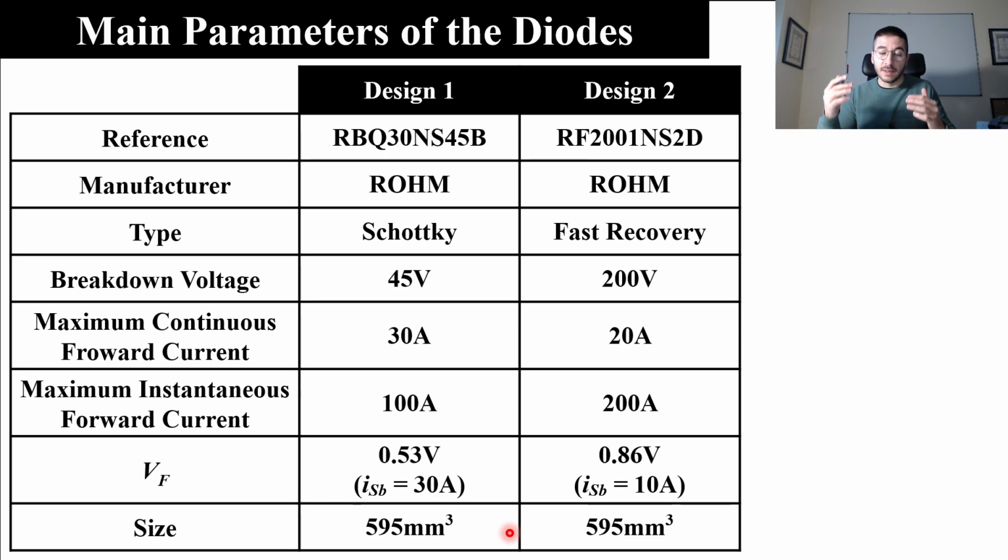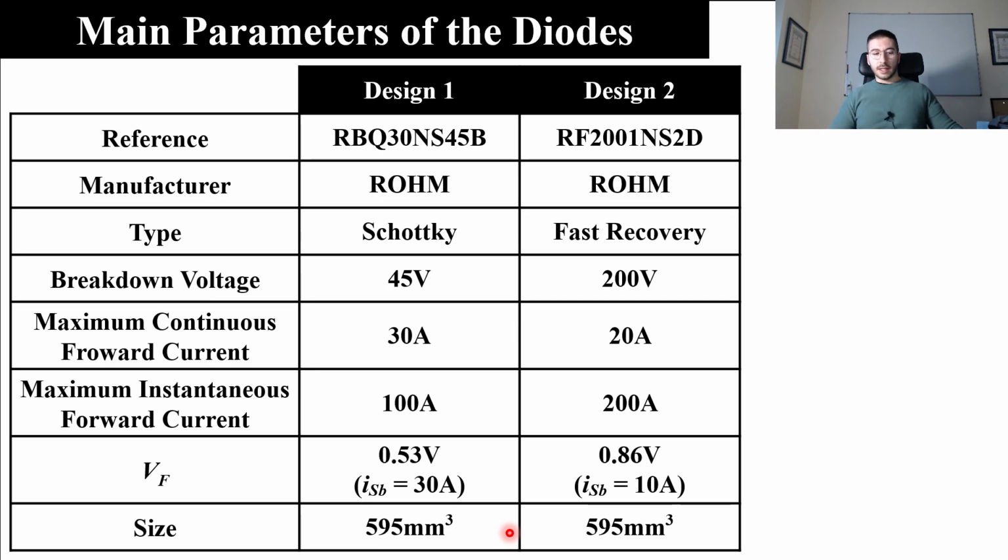Well, the answer is that in general fast recovery diodes are available for higher voltage levels, and perhaps you have an application where you don't have the option to choose a Schottky diode. This is not our case because we work at very low voltage levels, but with this video we want to explore the conclusions we get when we change the diode, and in this way we know what we have to do in other scenarios.